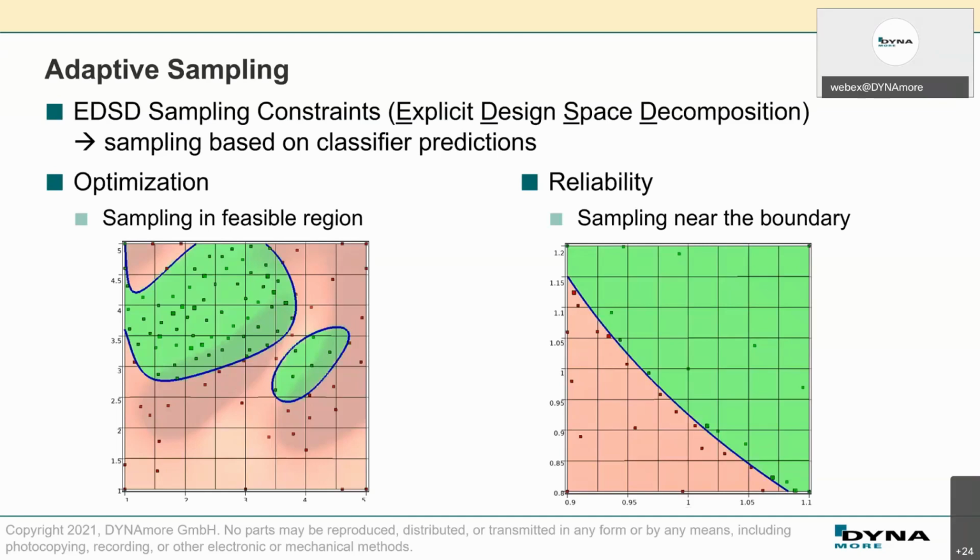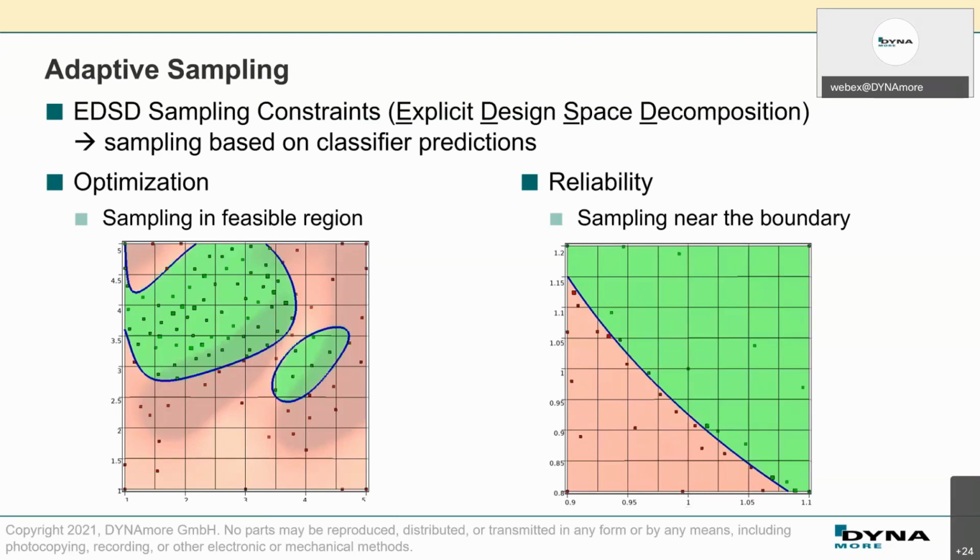This kind of adaptive sampling or sampling constraint works in iterative processes. So we start in the first iteration with a general sampling in the full design space. Then we get the first prediction of the classifier boundary. And from the second iteration, we can use those classifier predictions to do the adaptive sampling.